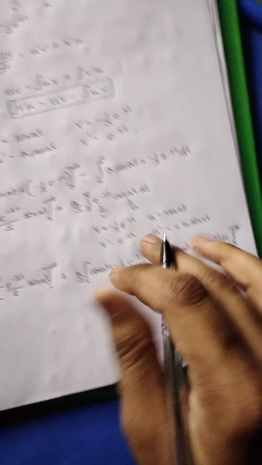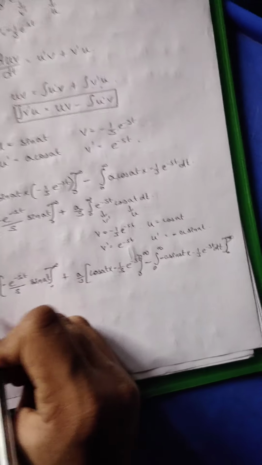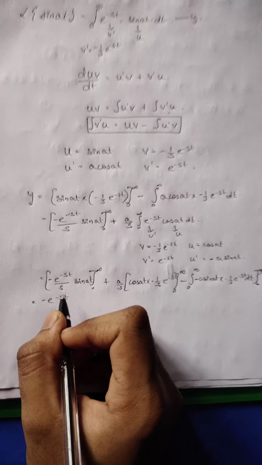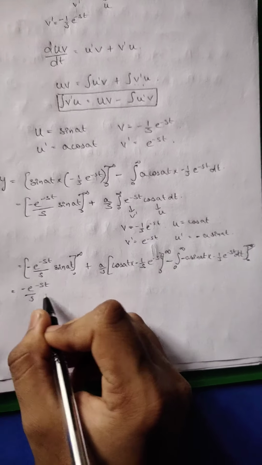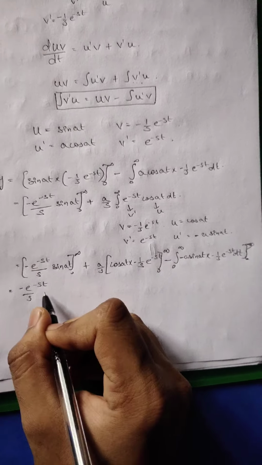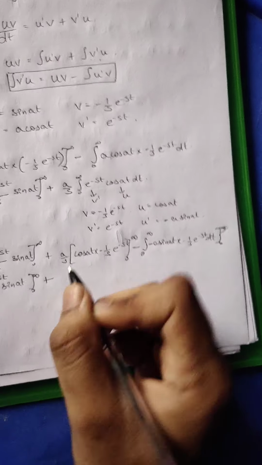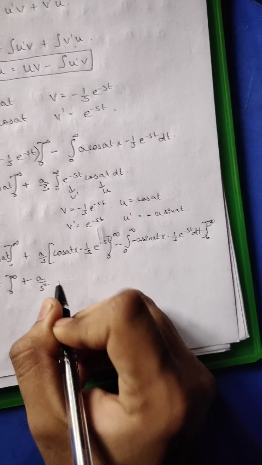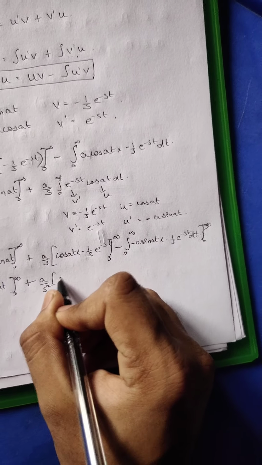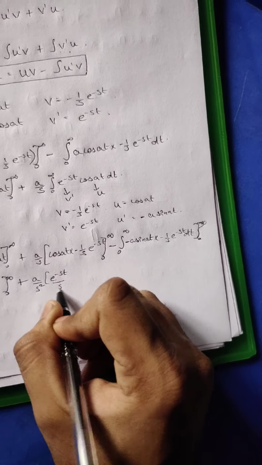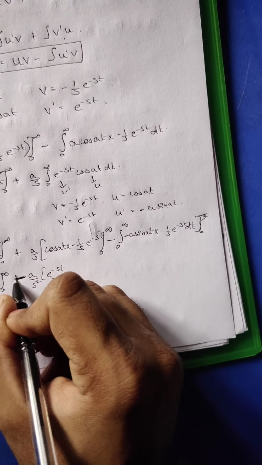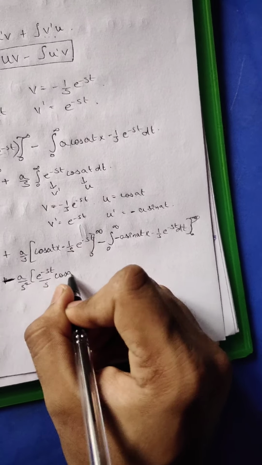Yeah, so now again e power minus st by s sine at from 0 to infinity, plus we have here a by s square into e power minus st by s, which here is minus, so this becomes minus into cos at.